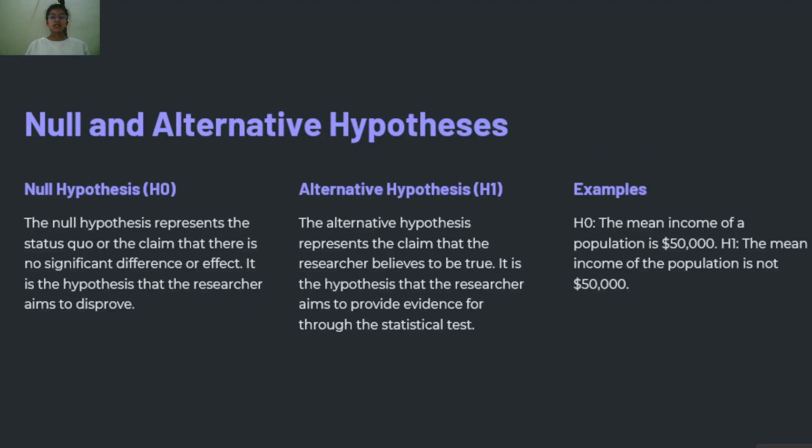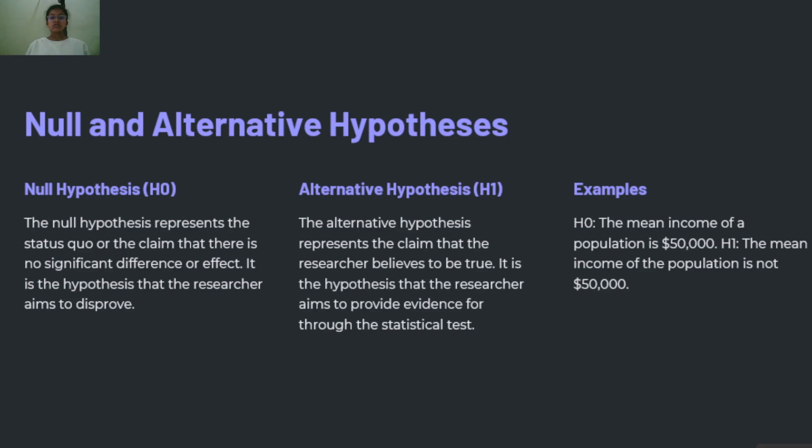Null and alternative hypothesis. The null hypothesis, also denoted by H0, represents the status quo or the claim that there is no significant difference or effect. It is a hypothesis that the researcher aims to disprove. Next we have the alternative hypothesis, H1.